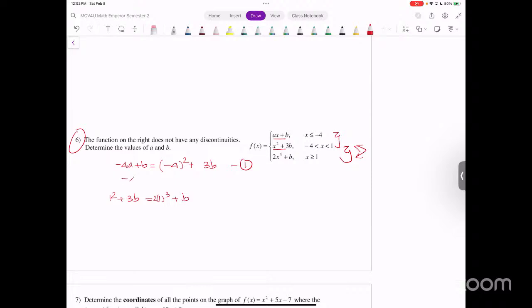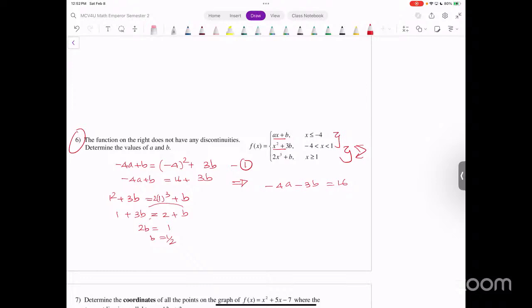So this is -4a plus b is equal to 16 plus 3b. This is going to be 1 plus 3b is equal to 2 plus b. So that's going to give you 2b is equal to 1, b is equal to 1/2. This is going to give you -4a minus 3b is equal to 16.